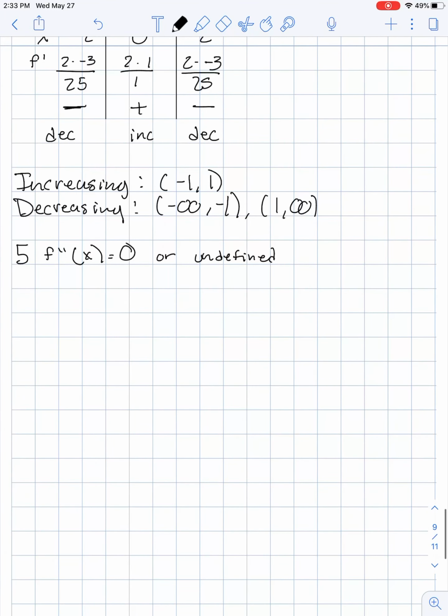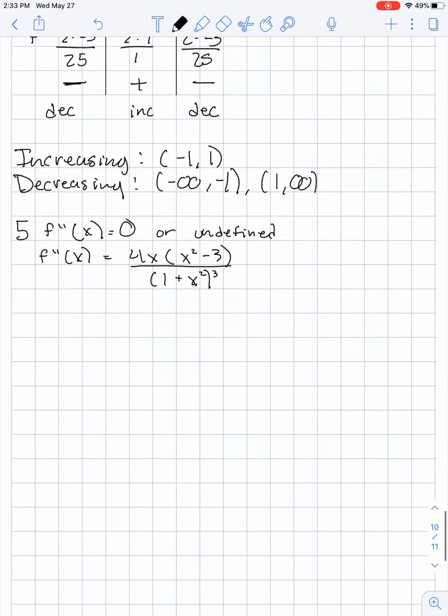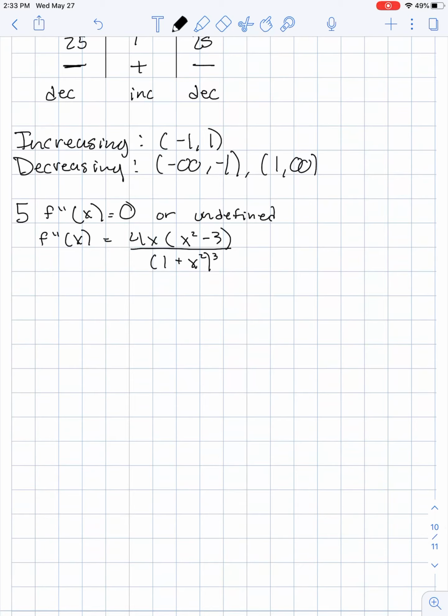Yeah. So f double prime of x equals 4x, x squared minus 3 over 1 plus x squared, that quantity cubed.